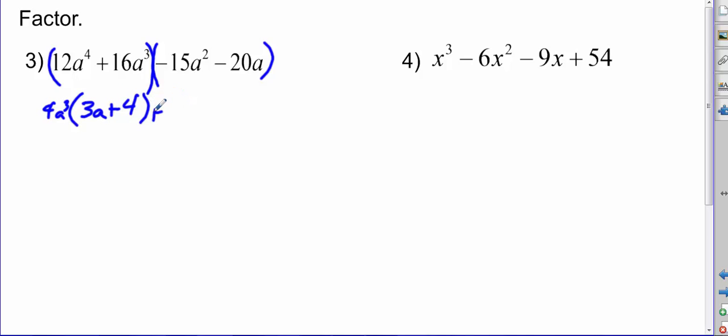And then I'm going to put a positive sign in between these, and keep everything that's in that second set of parentheses. This is just the way that I like to do this, so that way I don't mess up the signs that I put in front of my coefficients. This is going to help me because all I'm going to do now is just write this left-hand side. Okay.